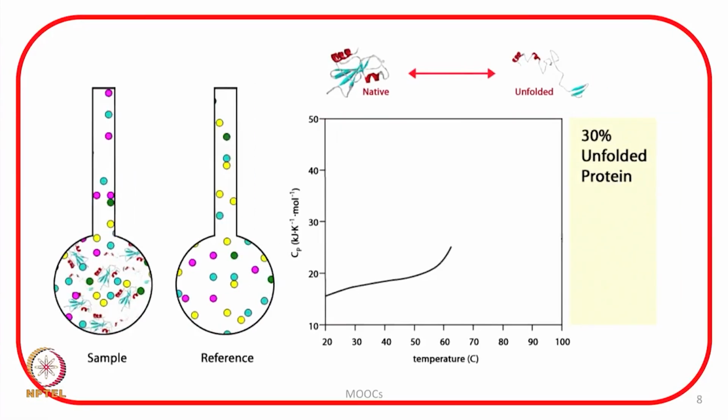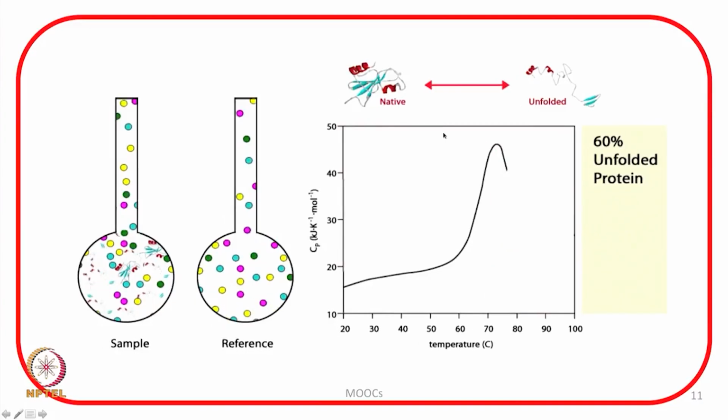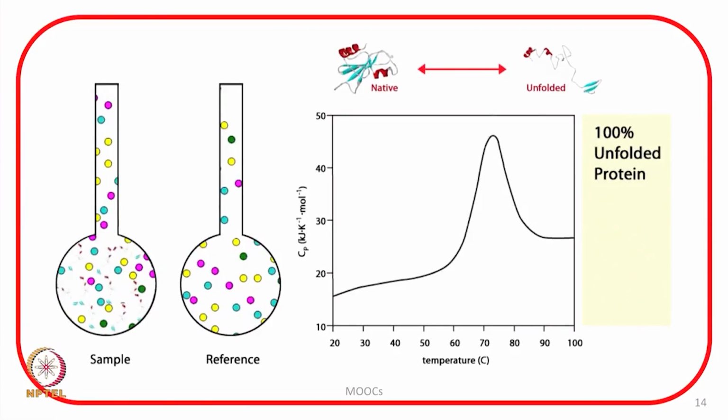Then the transition starts and it passes through a maximum. This is where the heat capacity maximum is observed, and beyond that if you heat, it starts coming back and then the transition is complete. 100% unfolded protein after the transition is over. And you see the ribbons have disappeared, that means the ribbons have been converted to the unfolded conformation of the protein.